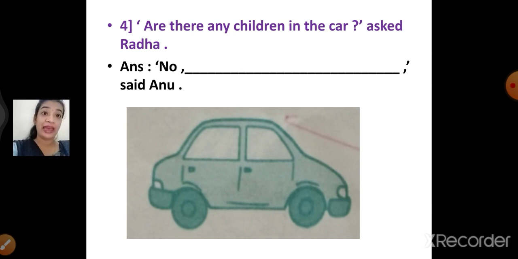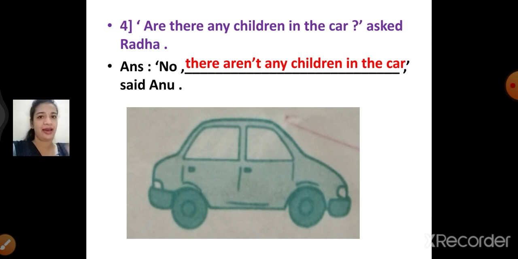No, there aren't any children in the car. You're just going to reply to the question. So, no, there aren't any children in the car, said Anu. Now, Anu said this. This is direct speech, so you're going to put it in inverted commas. No, there aren't any children in the car.